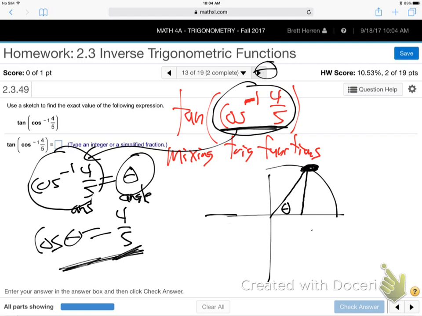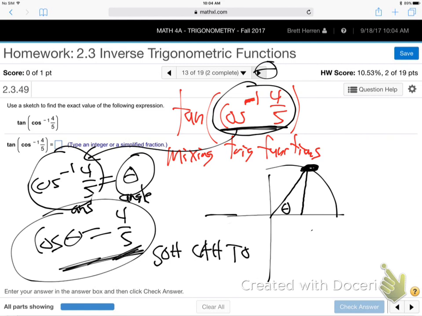Now I've got to make this triangle reflect this truth. The cosine, what is cosine? Remember SOHCAHTOA? What is cosine? Adjacent over hypotenuse. This is the opposite side here, from the angle theta. Adjacent side, opposite side, hypotenuse.